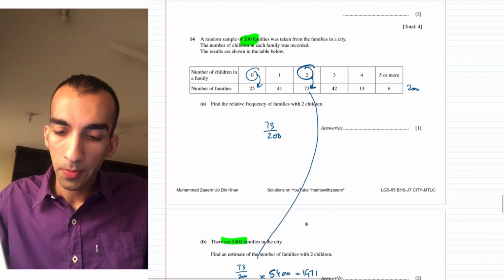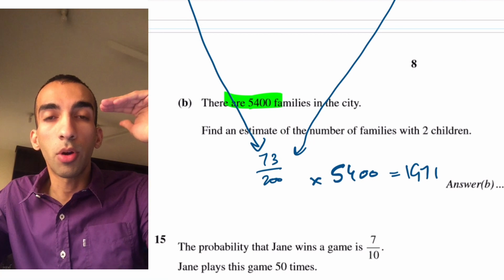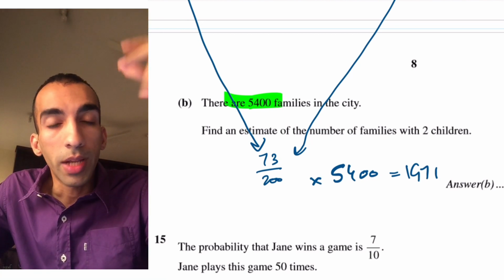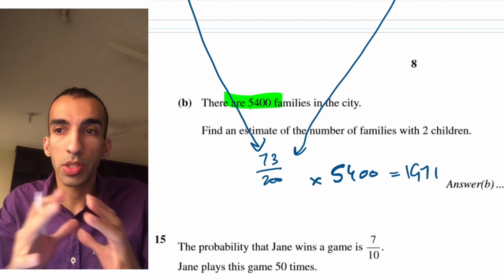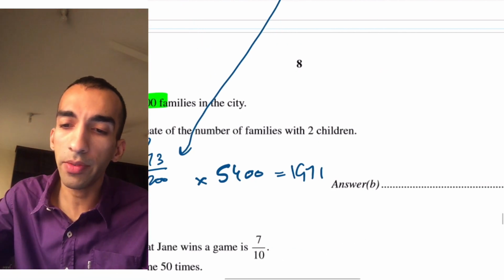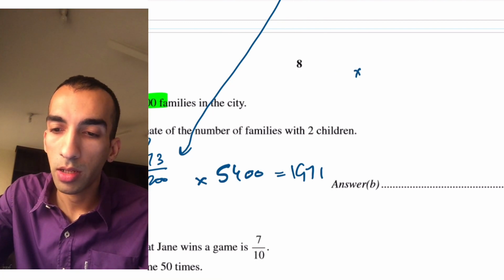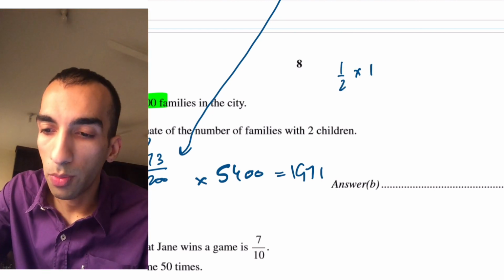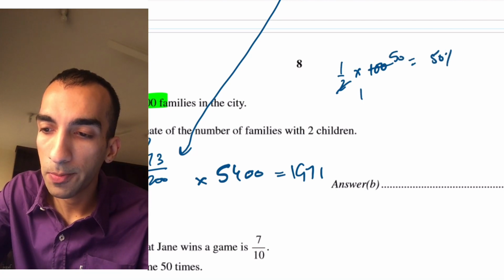This 73 over 200, what was it representing? The probability of randomly selecting a family from a city which happens to have 2 children. And now they're saying instead of 200 families, which is the total in the denominator, it's 5,400 families. That's kind of like saying, when I ask you to change 1 by 2 into percentage, you simply multiply it with 100 and say this becomes 50%.